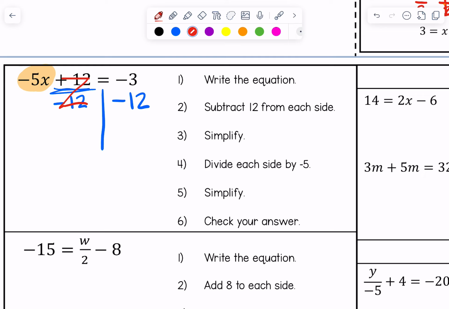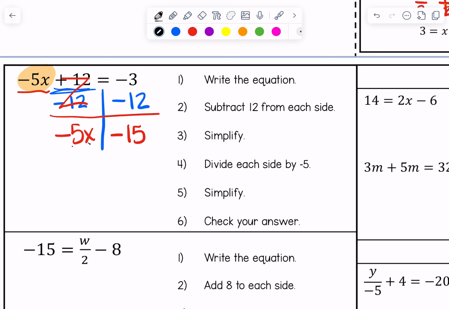But again, I'm not left with x by itself. X is still with that -5. So I have -5x. And then on the right-hand side, I have -3 and -12, which is going to give me -15. So now I'm going to ask myself, okay, what's happening to my variable? So here's my variable.